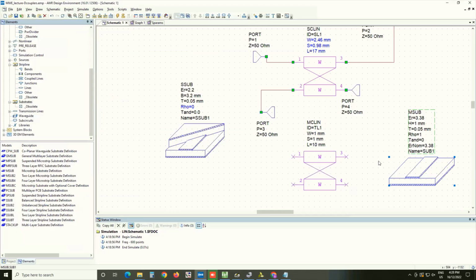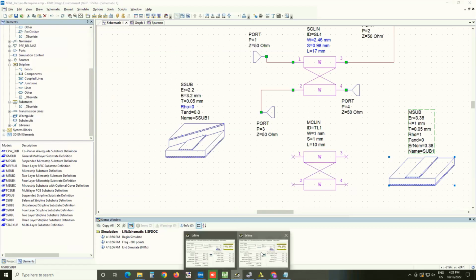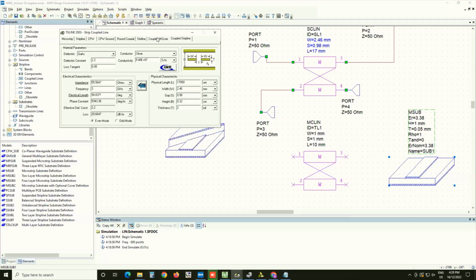So this time we will find the parameters which match the impedances rather than the numbers. Anyway, we don't have any numbers for the microstrip from POSAR, but we'll use similar ones. Go to coupled microstrip line, use the same dielectric constant of 2.2, set the loss tangent to 0. I will choose the height as, what was the height earlier?